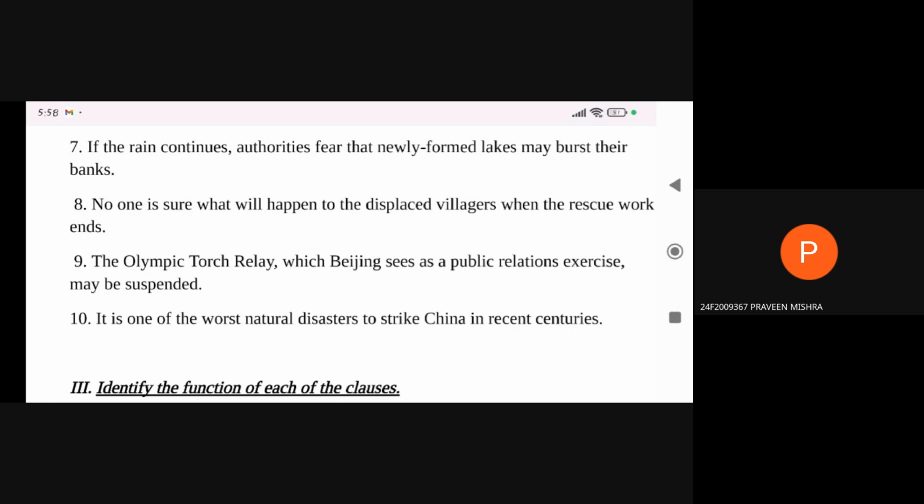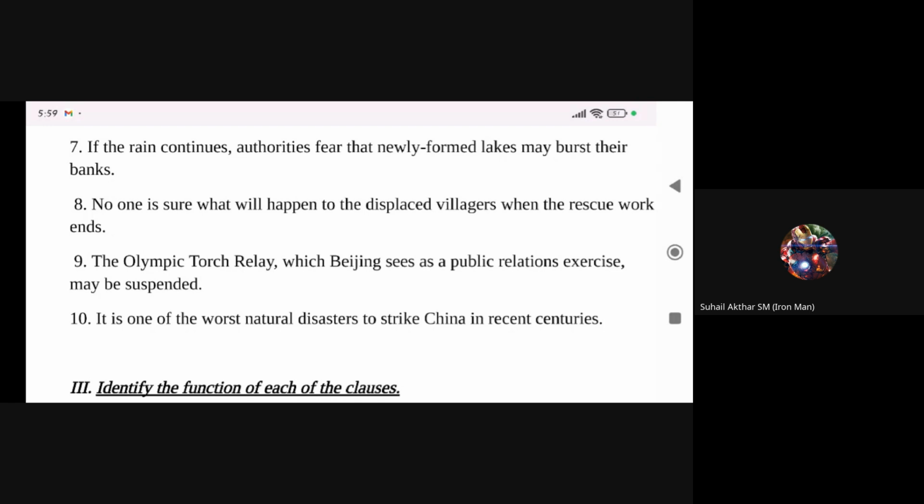Okay. Now, it is one of the worst natural disasters to strike China in recent centuries. Any subordinate clause anywhere? Disasters strike China in recent centuries? No, strike China is not a subordinate clause.